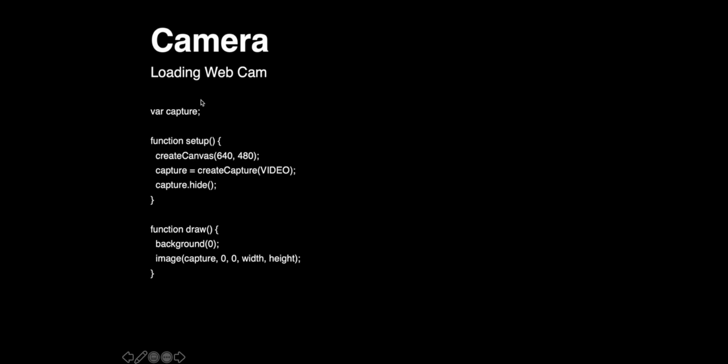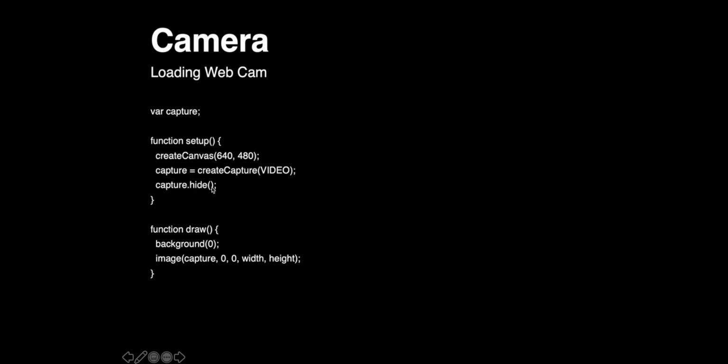So we are going to create a variable called capture. Again, it could be called whatever you want. In setup, we have our canvas. I am just doing it 640 by 480 because that's the webcam's resolution. Then we are going to set the variable capture to be equal to createCapture and then pass in the VIDEO variable. We can hide the DOM video.